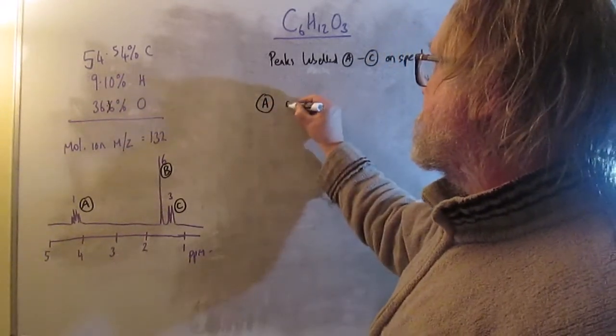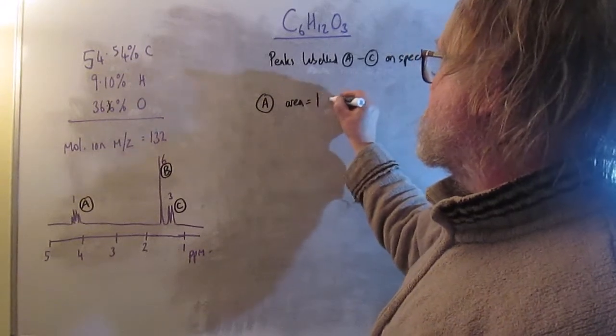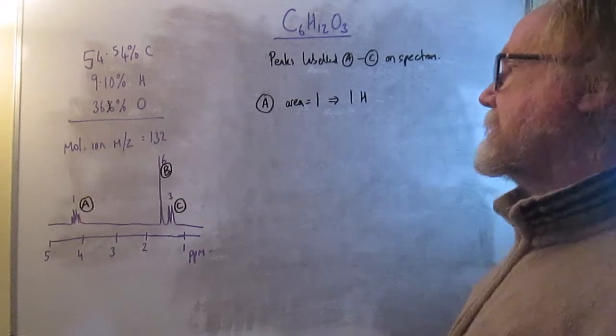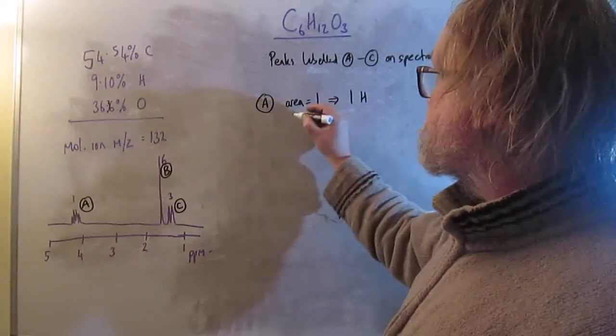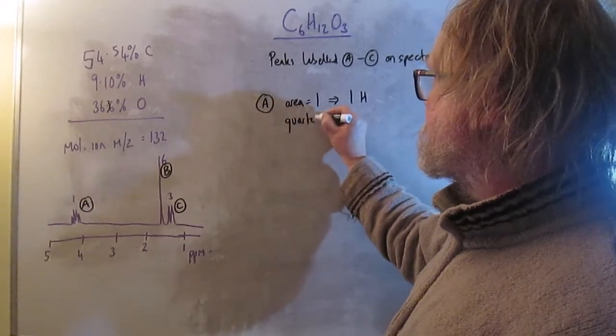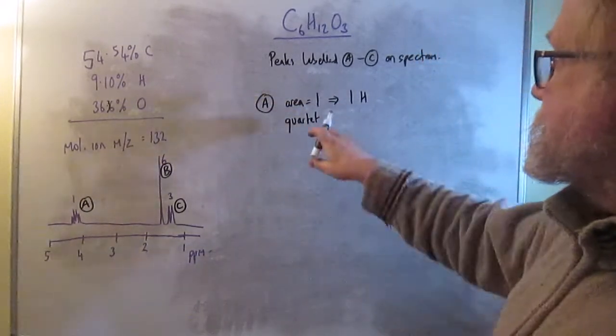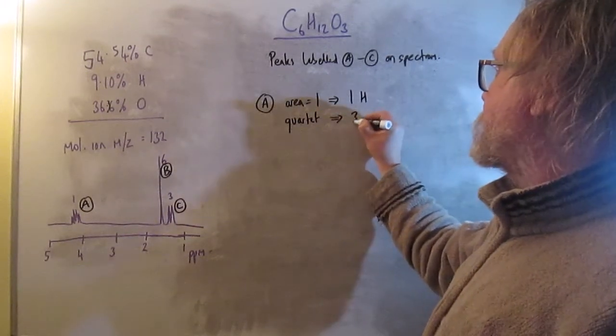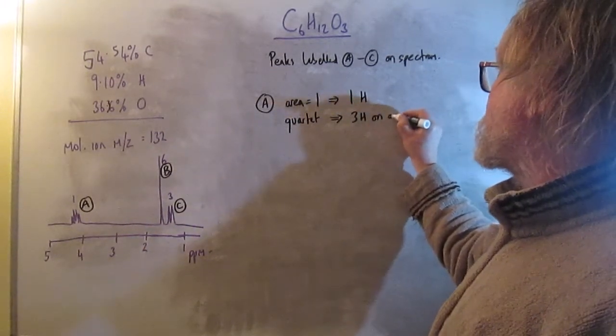it's got an area of 1, which means that there's 1 hydrogen contributing to it. It has a quartet splitting. So use the technical term, don't say split into 4, they like you to use the proper terms. So it's a quartet, and that means that there are 3 hydrogens on the adjacent carbon.